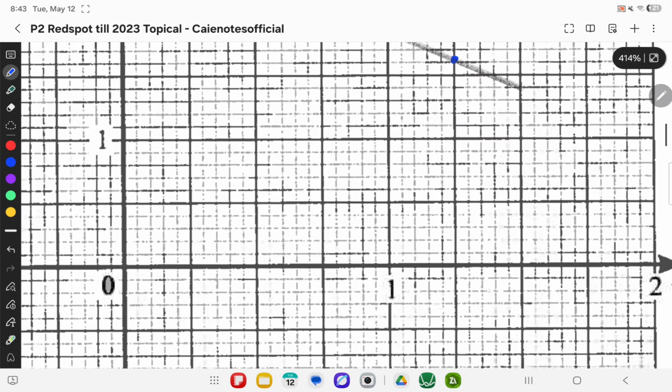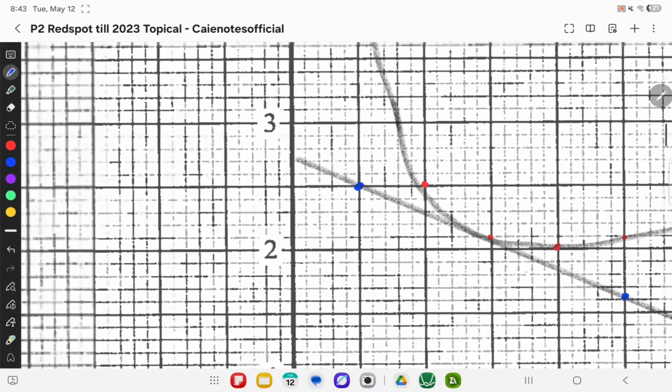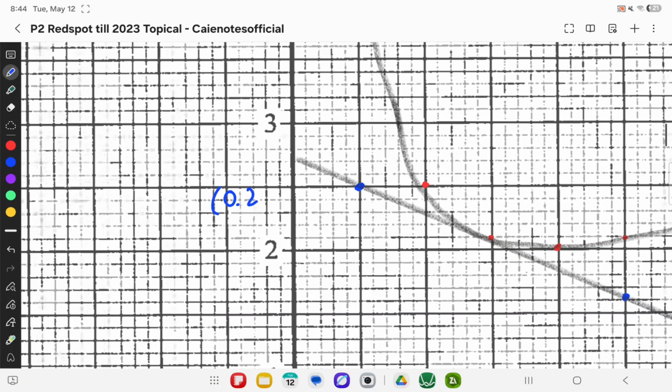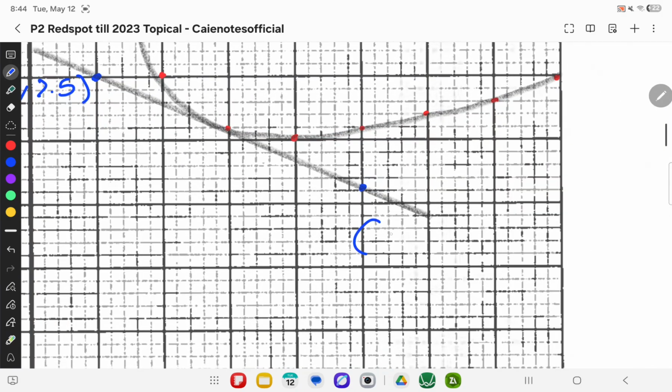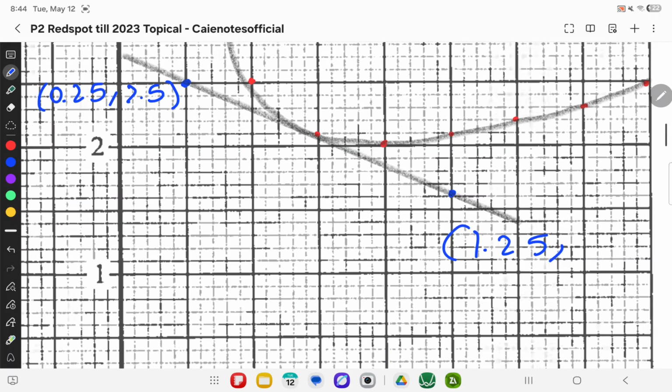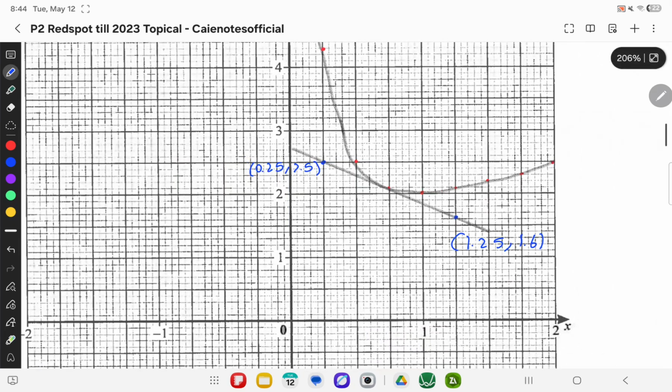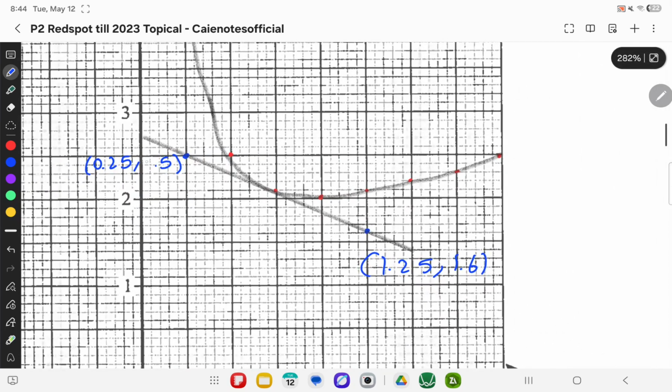Let's see. This is at x equals 0.25, and at y equals 2.5. This is at x coordinate 1.25, and at y coordinate 1.6. Now you find the difference between them.